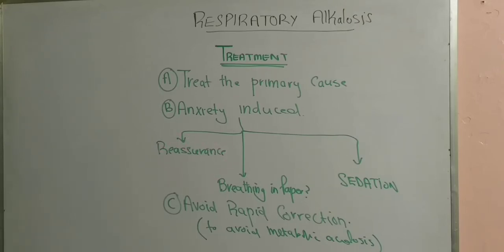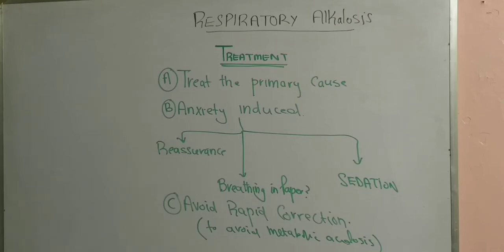You are to tell the patient that nothing bad is going to happen, so better you just calm down. But if it doesn't work, then you need to sedate the patient with a short-acting benzodiazepine like midazolam. But in the majority of cases, if you reassure the patient, the respiratory alkalosis will settle down because the patient will start taking fewer breaths.